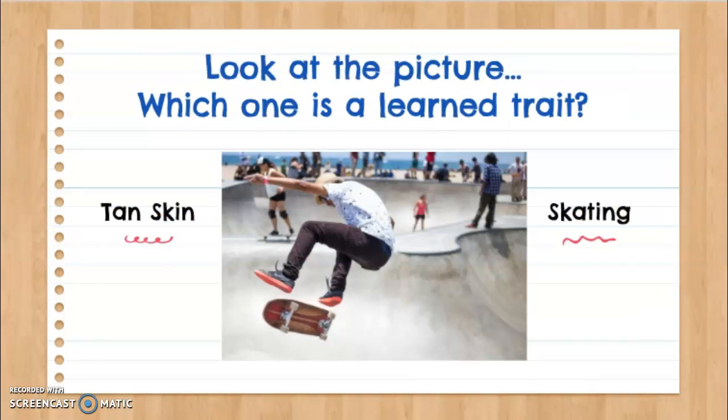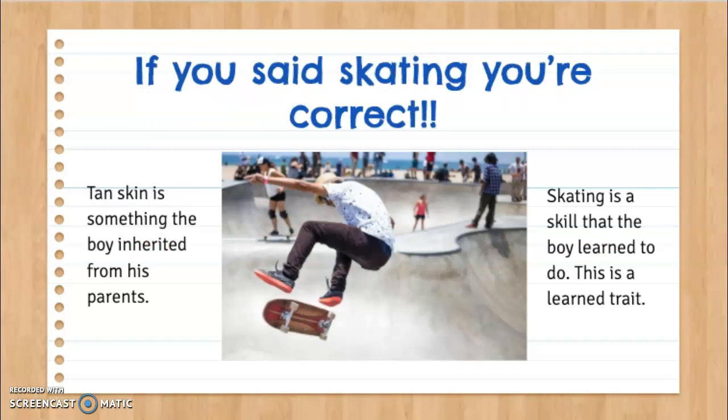Look at the picture. Which one is a learned trait? Tan skin, skating. Think. Which one did the boy have to learn? Which one did the boy not get from its parents? If you said skating, you're correct. The tan skin is something the boy inherited from his parents.